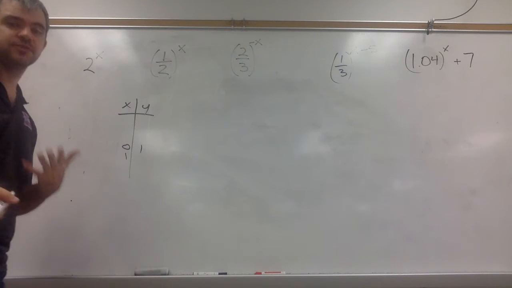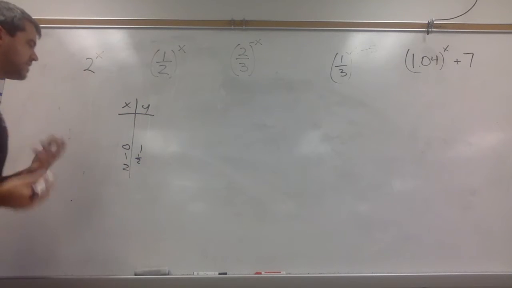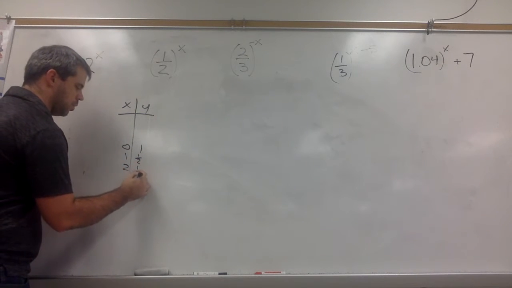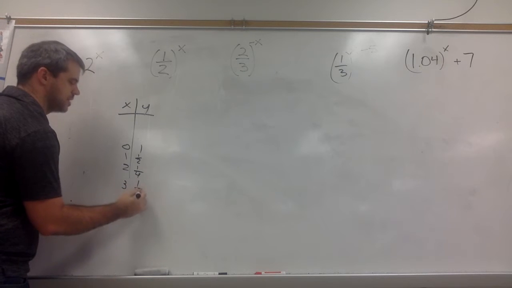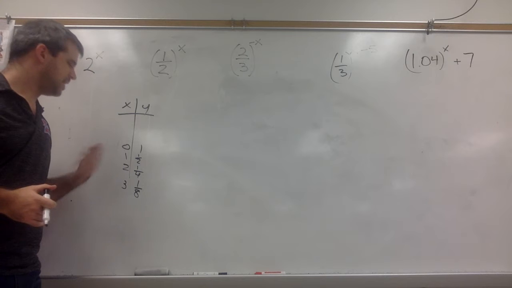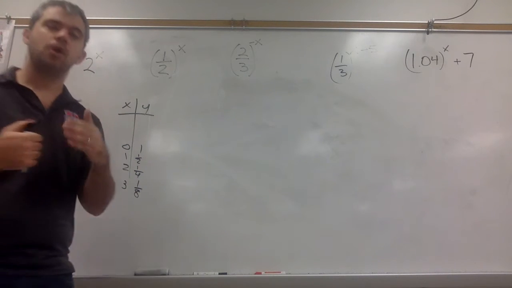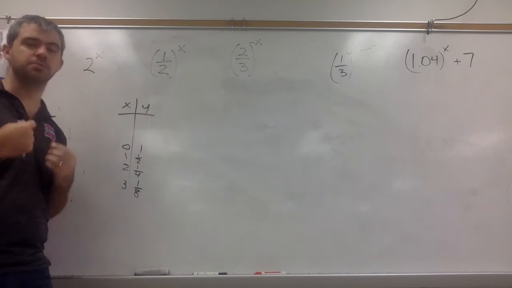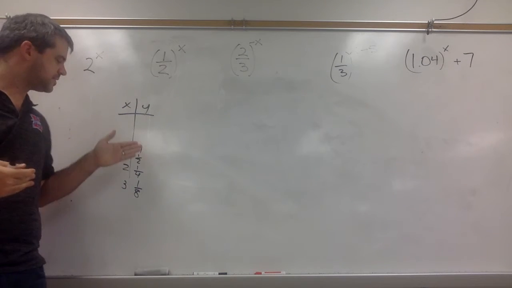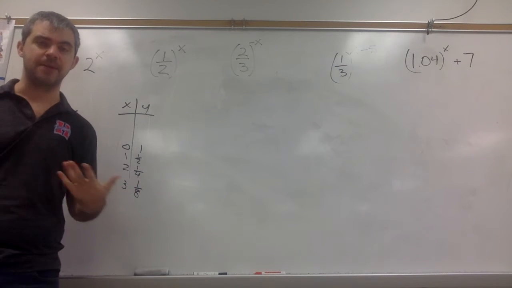But what's 1/2 to the 1 power? Well, that's going to be 1/2. 1/2 to the second power is going to be 1/4. To the third power is going to be 1/8. Now you'll notice this is actually getting smaller. When you multiply by something that's smaller than 1, this is actually going to get smaller. We call this exponential decay.